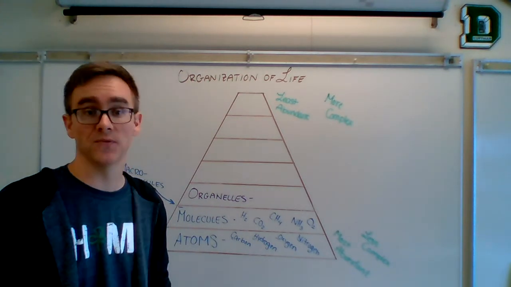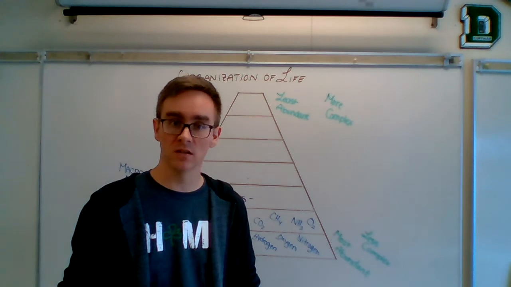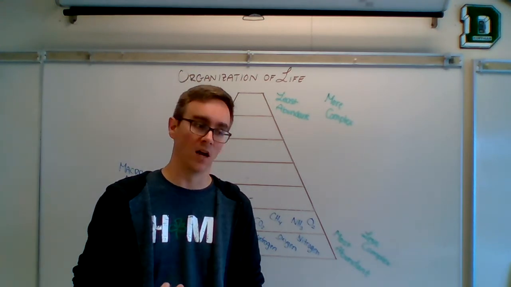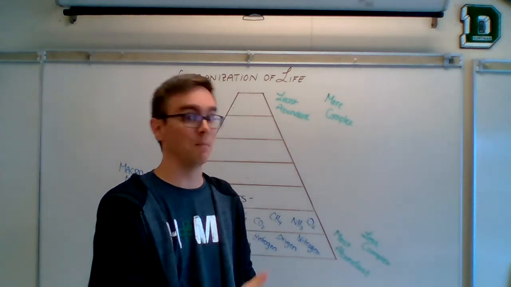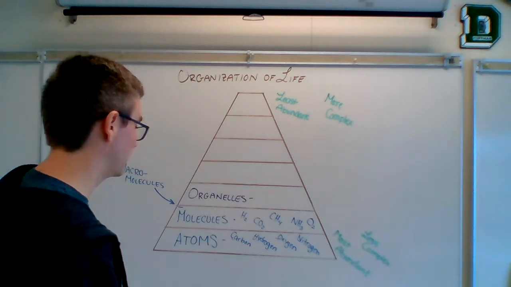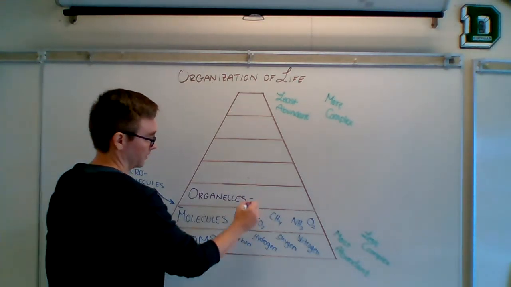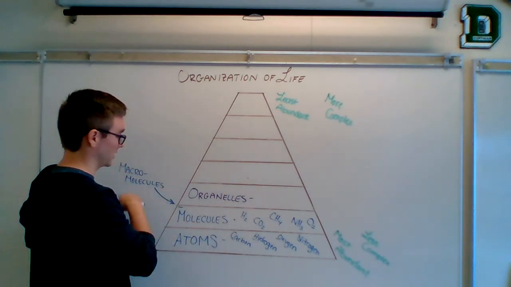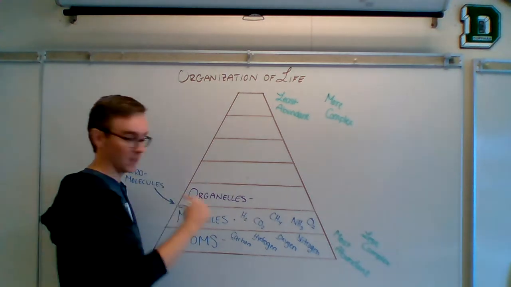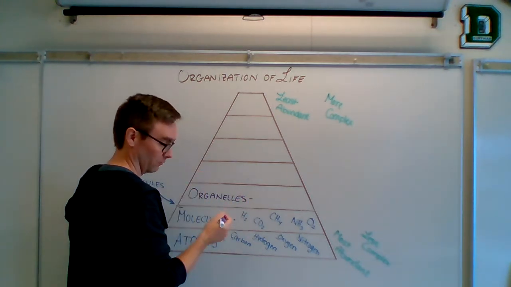Some of the ones you're probably most familiar with are the mitochondria, chloroplasts, endoplasmic reticulum, Golgi body, the nucleus, and the cell membrane. These are all ones that we're going to be talking about. These are made up of lots and lots of molecules and macromolecules working together to perform some sort of function.